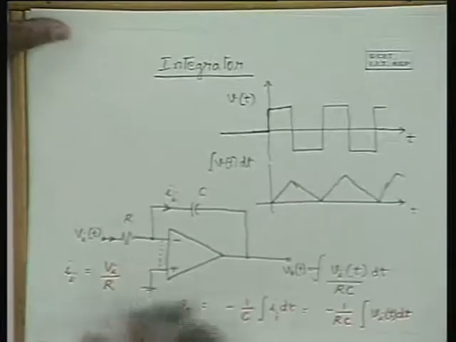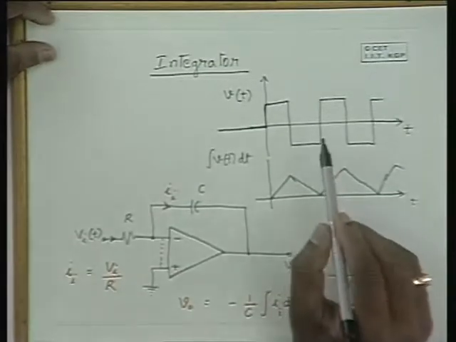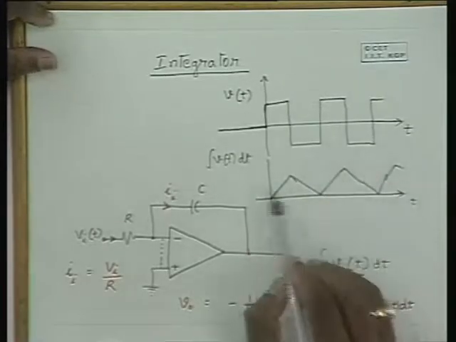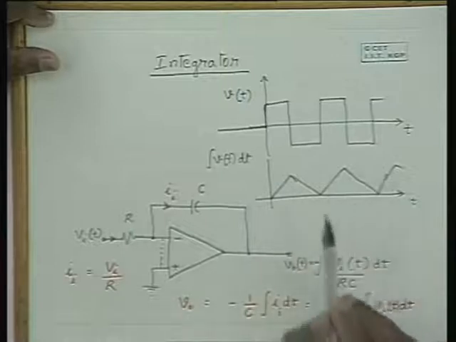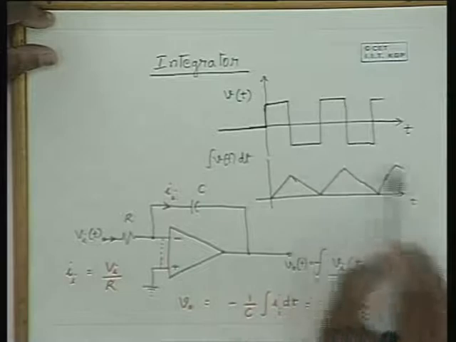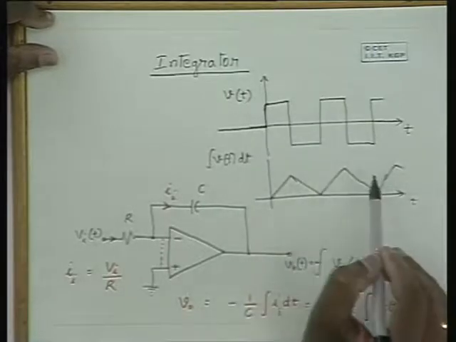A voltage differentiator gives you a differentiated version of the input voltage. So this is the input voltage. Now if we differentiate this, we will get this function. If you differentiate this triangular function, you will get this square function.